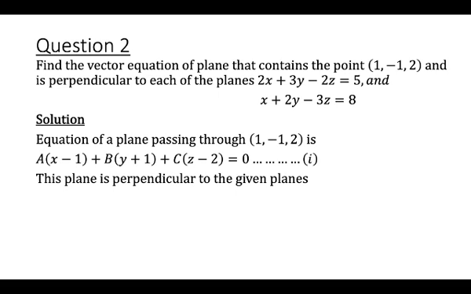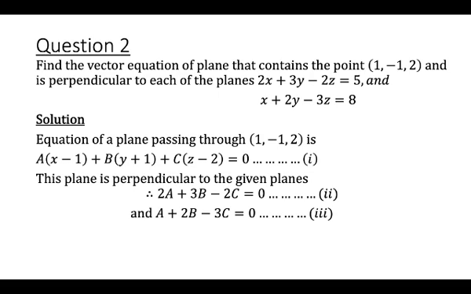As this plane is perpendicular to two given planes, so product of their direction ratios equal to 0. We get two equations, 2a plus 3b minus 2c equal to 0, equation number 2, and a plus 2b minus 3c equal to 0, equation number 3.